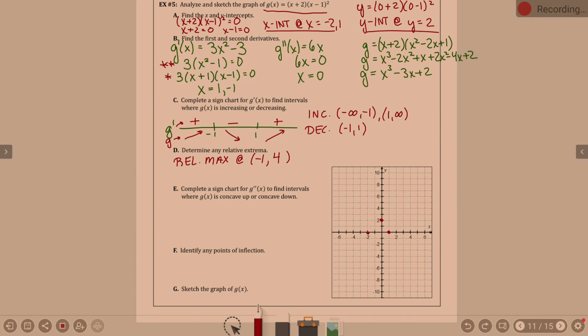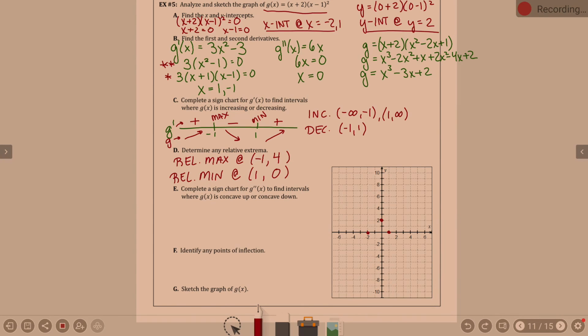At 1, I'm going to have a min, right? I'm just looking back at my sign chart. I can tell that's a max and that's a min. So I'm going to have a min at 1 comma something, at 1, 0. Which 1, 0 was already one of my x-intercepts, wasn't it? Okay.